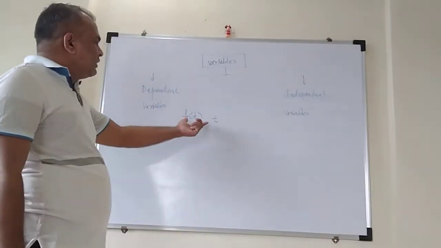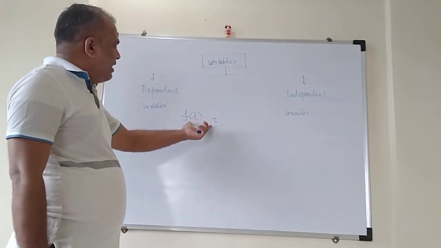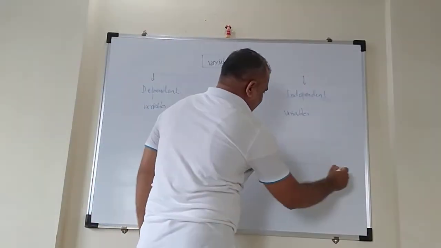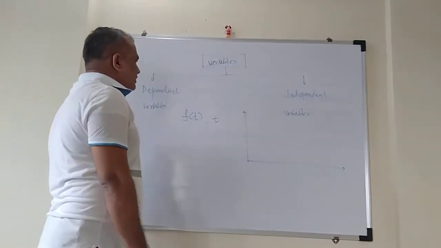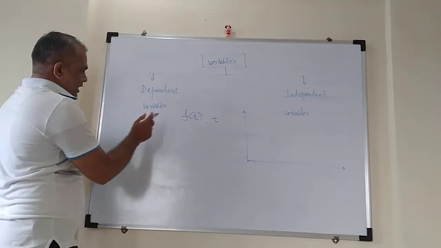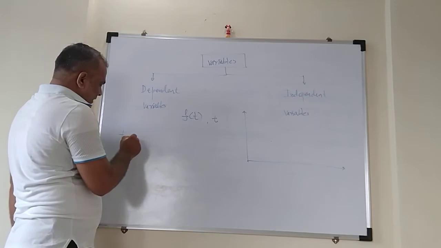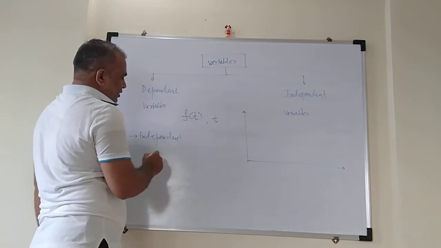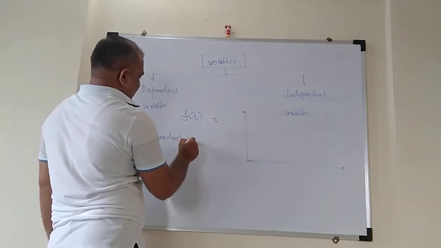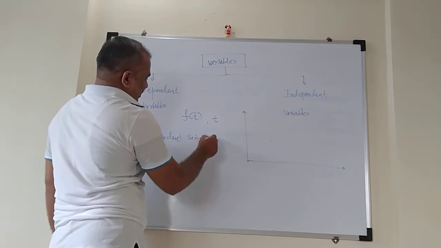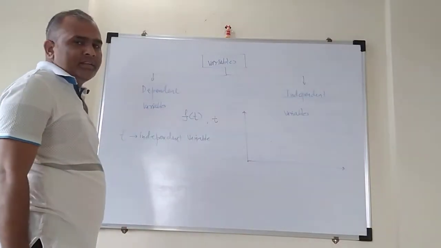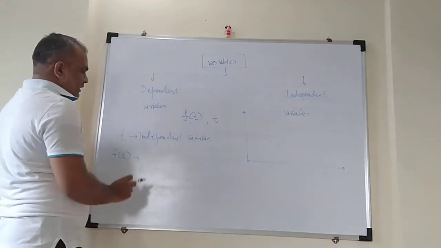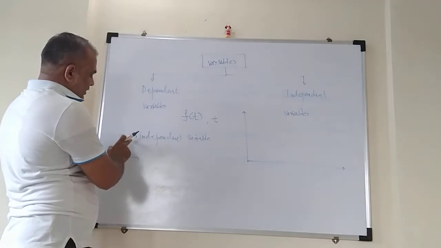And if you want to plot a graph of these two physical quantities, then you can plot this graph in this way. So out of these two quantities, which one is the dependent variable and which is the independent variable? Out of these two, t is the independent physical quantity, which does not depend upon any other physical quantity, whereas this f of t is a function of t, that means this function depends upon this variable.